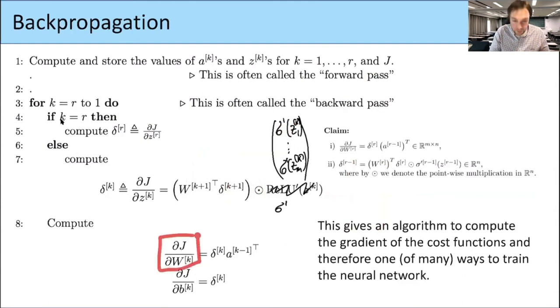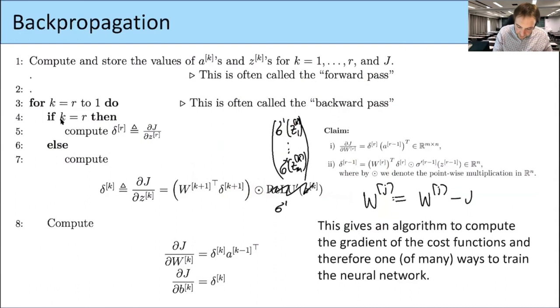So this here will be a matrix. And then in this gradient descent, what I do in the update rule is, the old W at some layer J, I will define the new W as the old one minus alpha times, and then I subtract this matrix here.